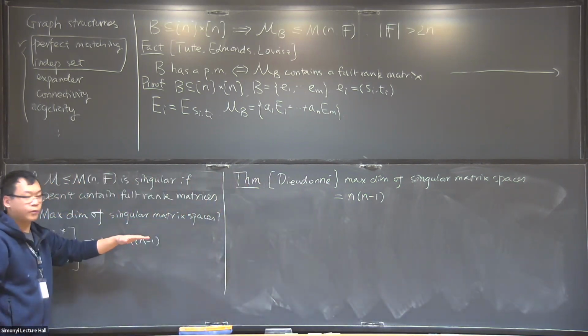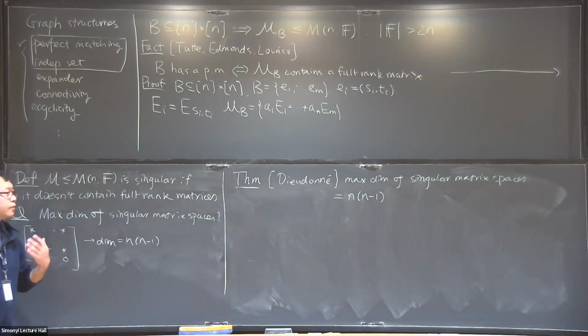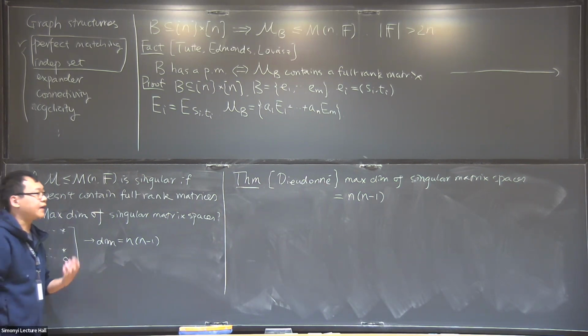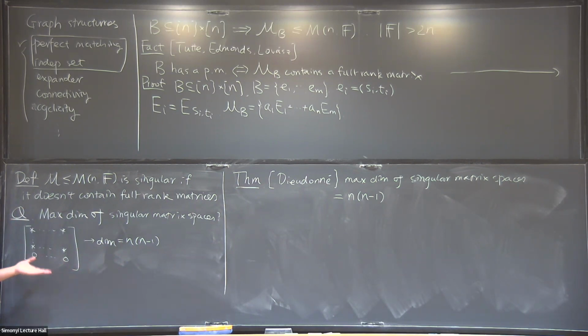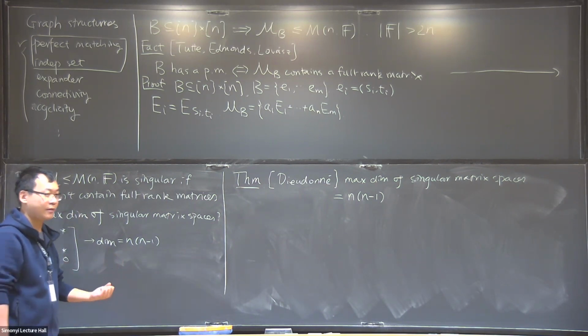This is the Youming result, and then it was generalized and improved by Flanders and Mechelin. So okay, this is nice. We know that from the dimension viewpoint, if you go beyond n times n minus 1, you will get a matrix space with a full rank matrix.